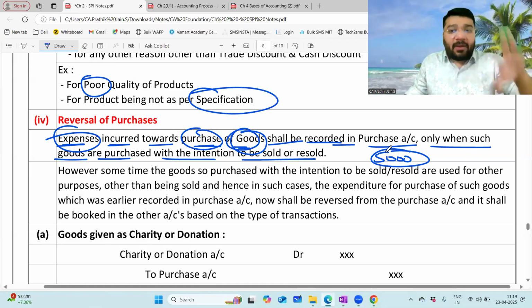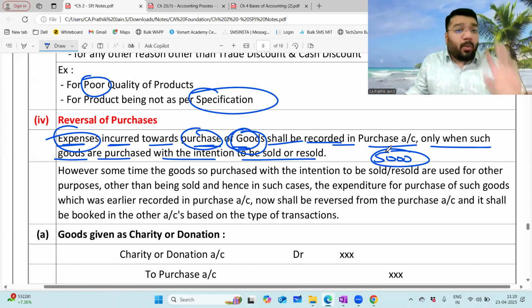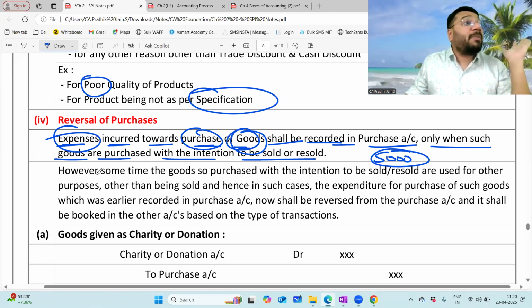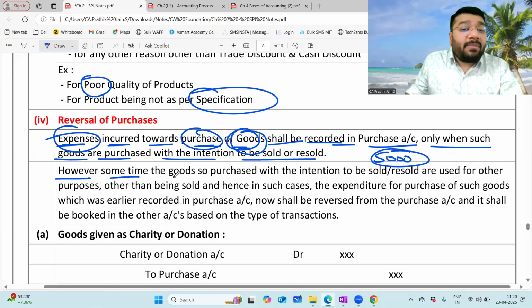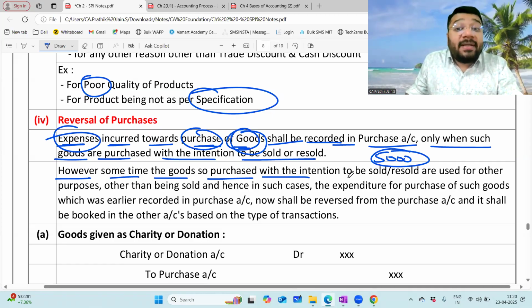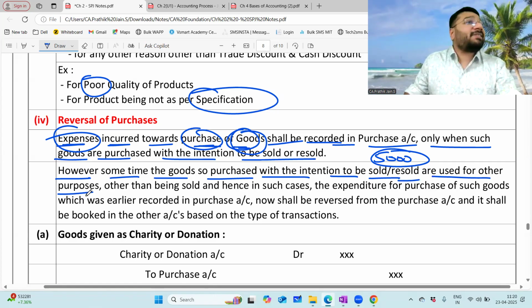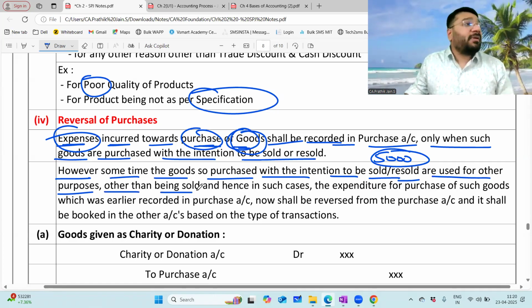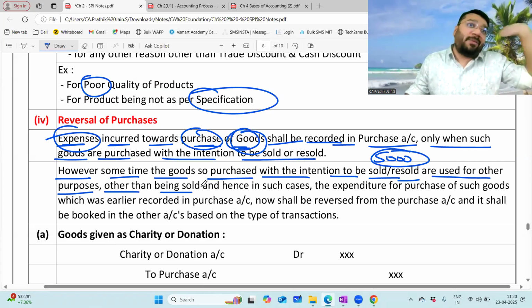Clear this point? Now let's suppose you've recorded this in the purchase account. But what happened? Instead of selling these goods, you have given these goods for different purposes. However, sometimes the goods so purchased, that 5,000 rupees of chocolates I purchased with the intention to sell or resell, are used for other purposes. What purposes? Other than being sold. Instead of selling it, I'm using that for all the other purposes.